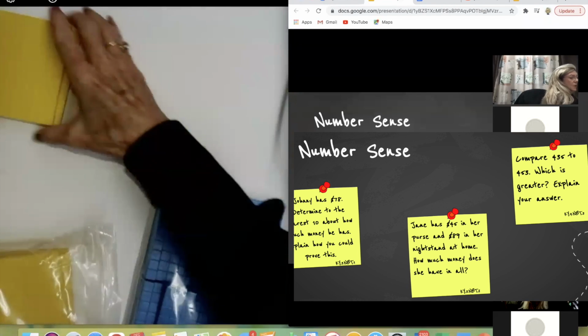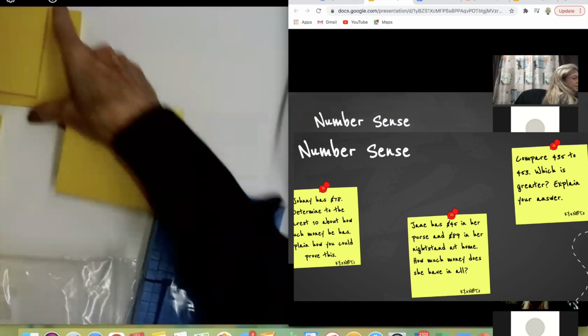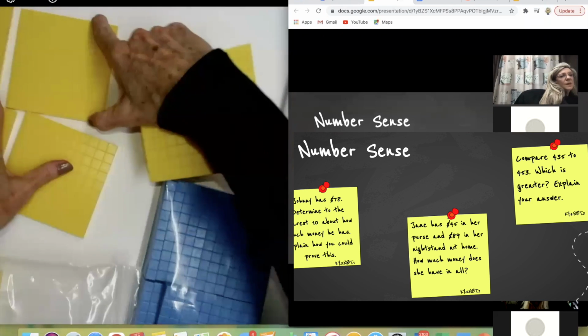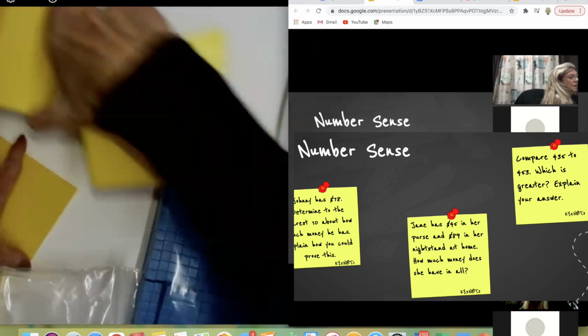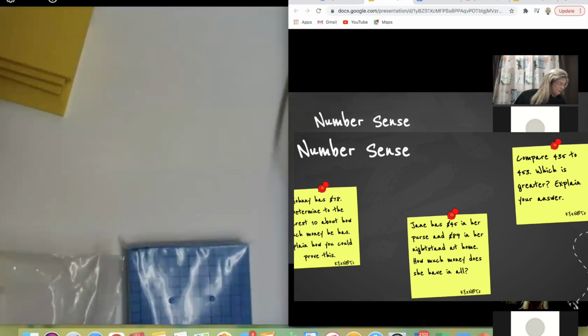So I'm going to go ahead and build 400. And it's going to be hard for you all to see this under this document camera. But I've got 453. So I'm going to move some pins.